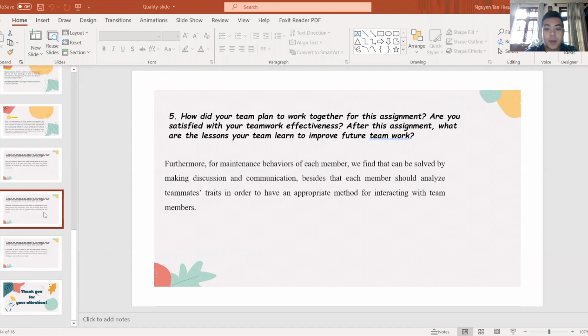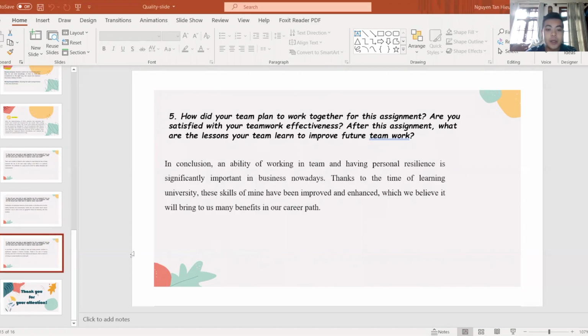Hence, we spent more than a week thinking about each personality of my teammates before communicating with them to solve their negative thoughts. Luckily, this approach worked well and we could unite with each other to achieve the same goals.